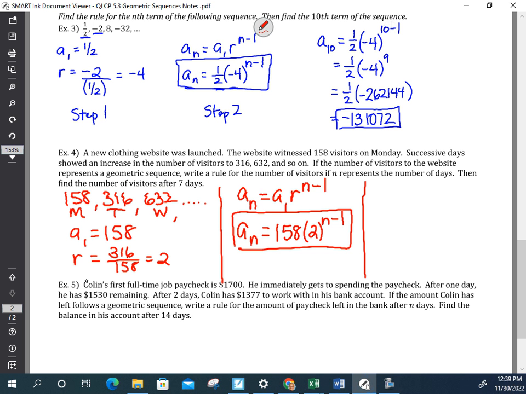And after that, they want to know how many visitors after 7 days. So 7 days, translation, n is equal to 7. Why? They told you that n was equal to the number of days. So A7 is 158 times 2 raised to the 7 minus 1 power.